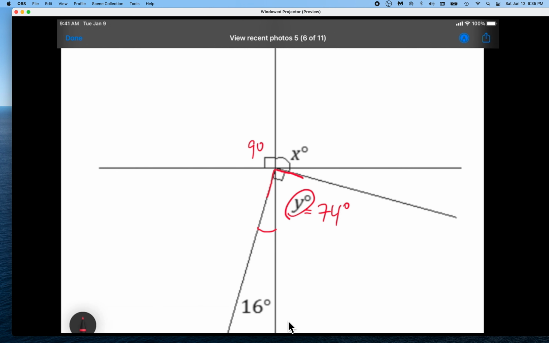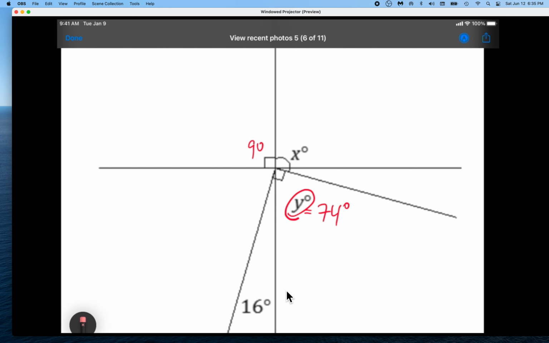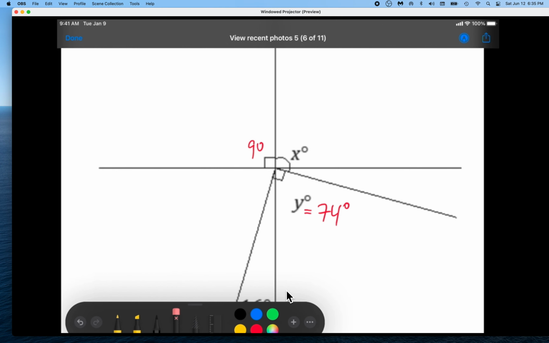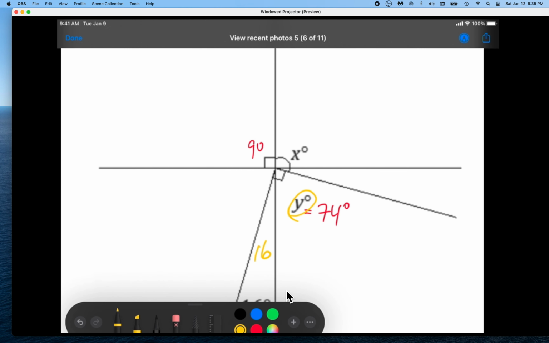Once we have y, we know that we have a straight line situation here. Let's clean up a little bit, make it a little neater. Okay. We know that this is 16, y is 74, and we have a straight line situation here.